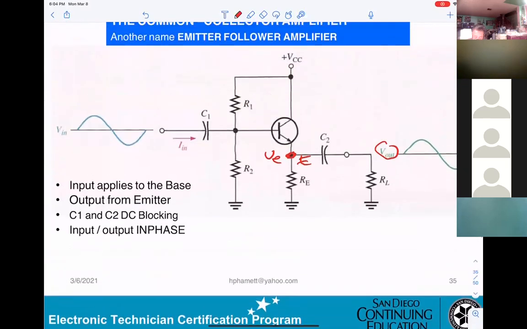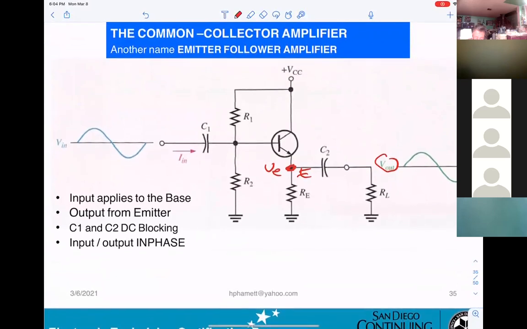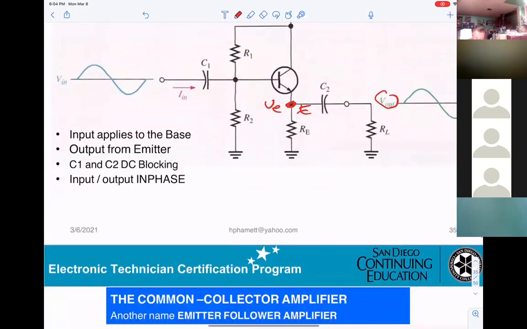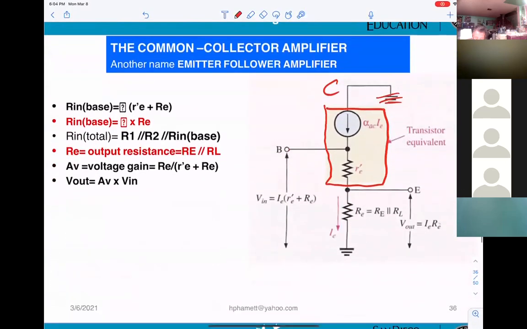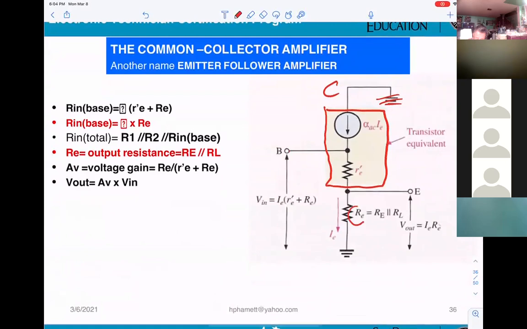R load right here. So big RE and R load will be in parallel. That's why they say re here, lowercase e, telling you the emitter resistance for the AC. It will be equal to big RE parallel with R load.